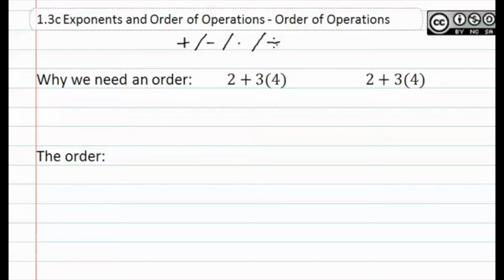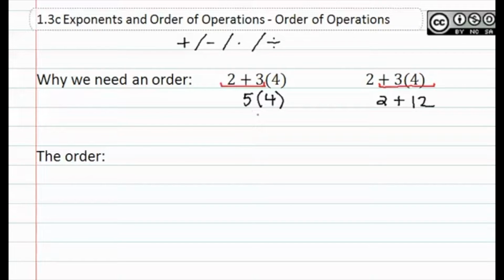Here I will first show you why we need the order. In the first example I add first, whereas in the second example I'm going to multiply first. In the first one, I will then get 5 times 4, and in the second one, I will get 2 plus 12.